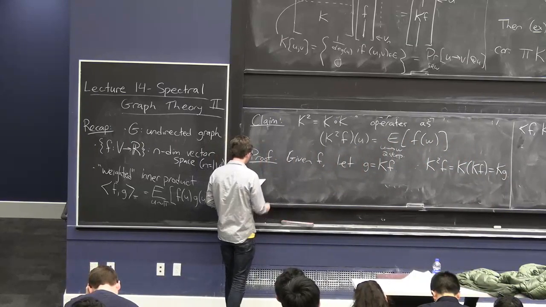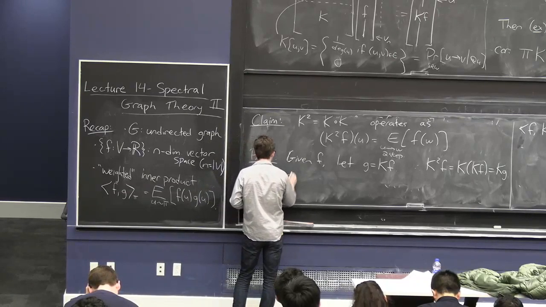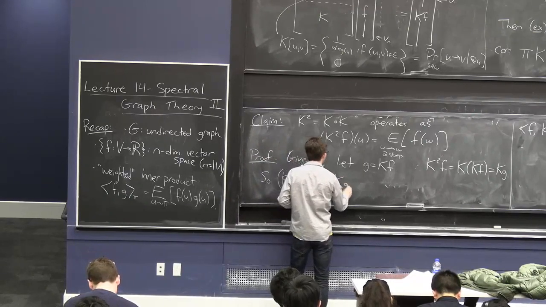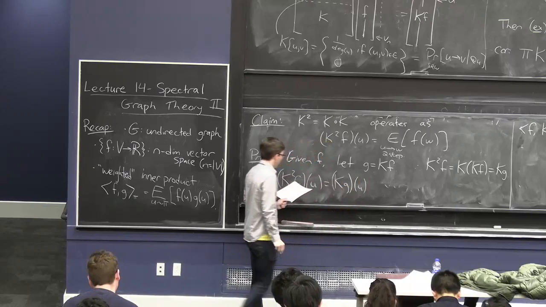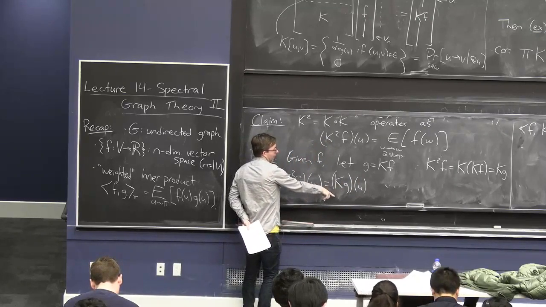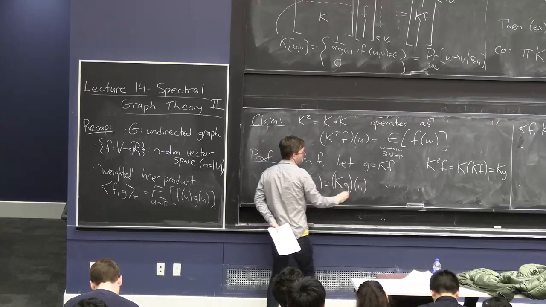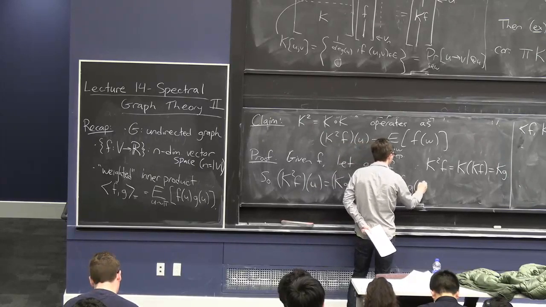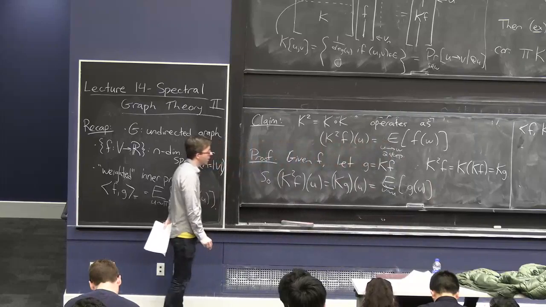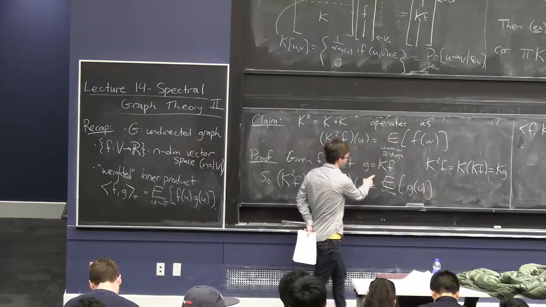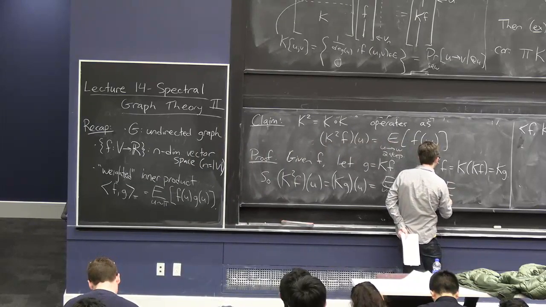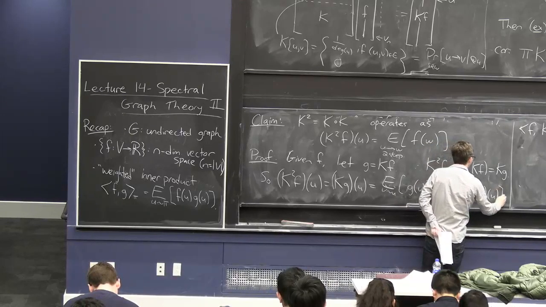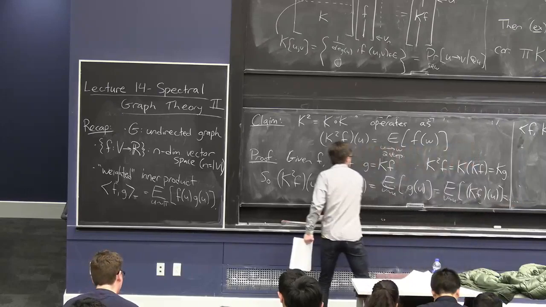So k squared f at u is kg applied to u. And now let's remember the definition of the operator k. It just averages g's values over the neighbors of u. So this is the average over v, a neighbor of u, of g of v, by definition of k. But now, what is g? It's kf. So this is the expectation over v, a neighbor of u, of kf applied to v. Okay, to be continued on the next pane.